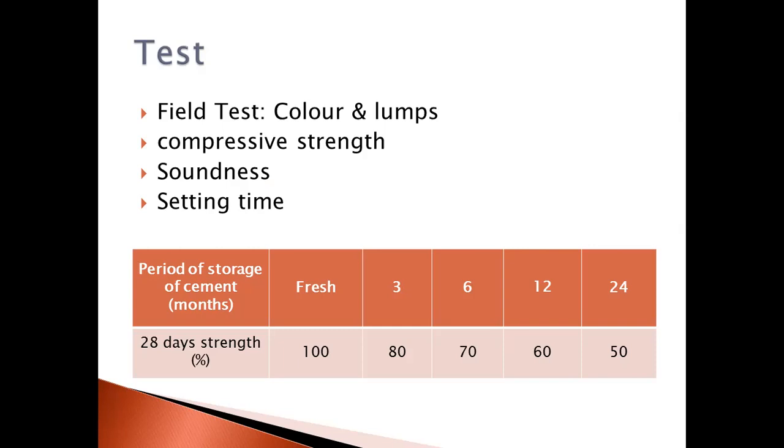If it is fresh cement, then the strength will be 100%. If it is 3 months older, the strength will be reduced to 80%. If it is 6 months, then 70%. If it is 1 year, it will be only 60%. And if it is 2 years old cement we are using, then we will get only 50% of the actual strength.